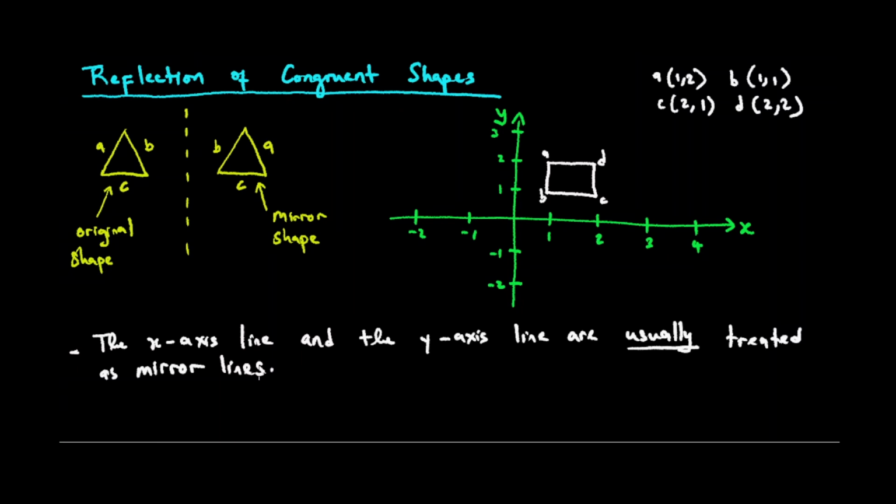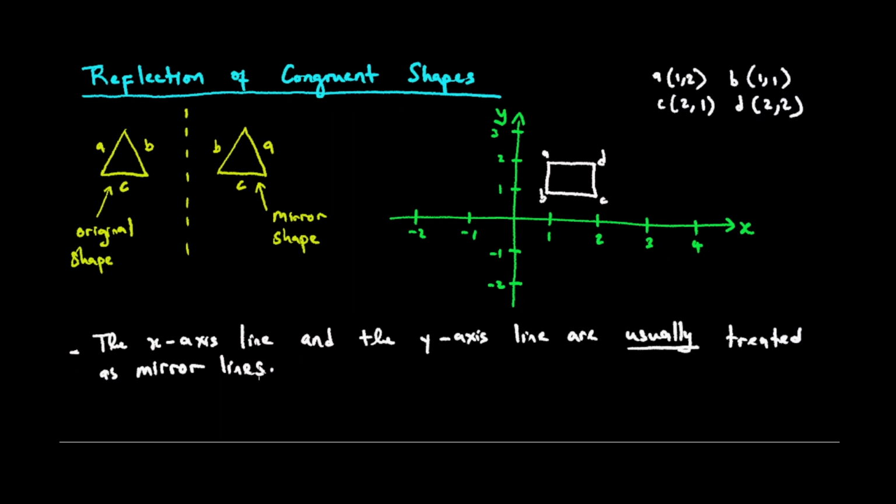So the question says, like in this case, we need to state the coordinates of A, B, C and D, but this is after reflection. So we start by demonstrating how we reflect that shape.